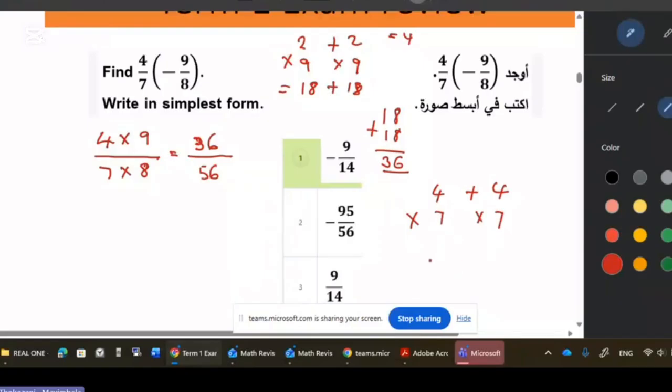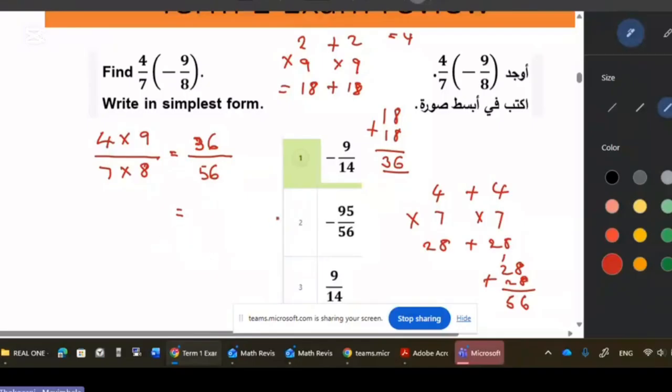What is 7 times 4? 28. Plus another 28. Now you can start to add. What is 8 plus 8? 16. Carry 1. What is 2 plus 2? It will be 4, plus 1, 5. So that's how we get this 56. Can you see that?